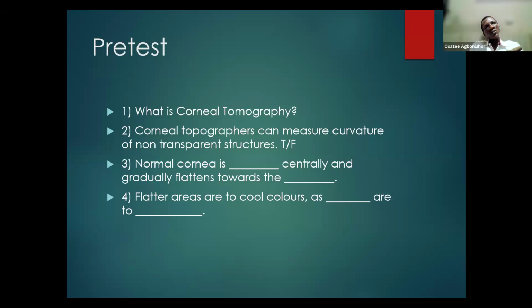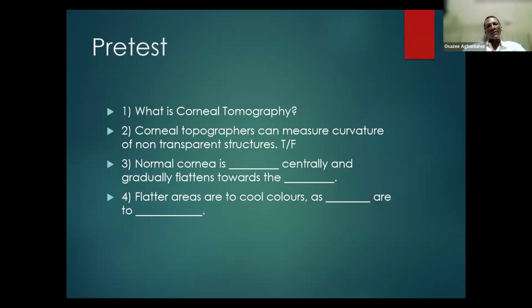Okay, I actually mentioned two of them that have the tomographic ability. Basically, a typical corneal topographer, just like the word says, is a topographer. So it just gives you information about the anterior surface.